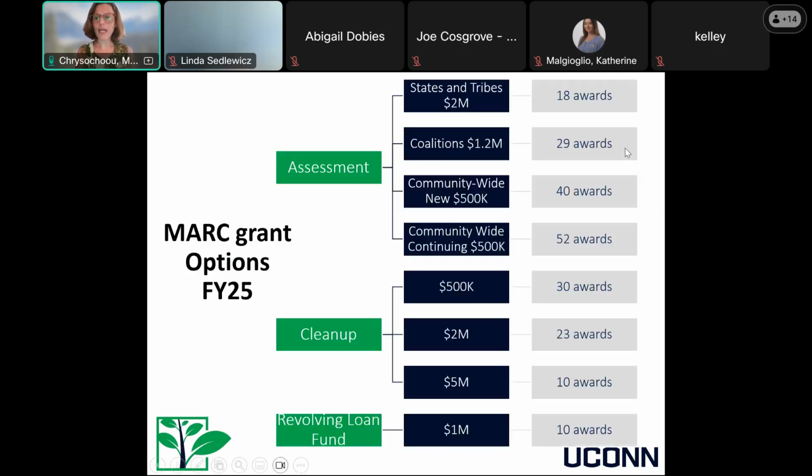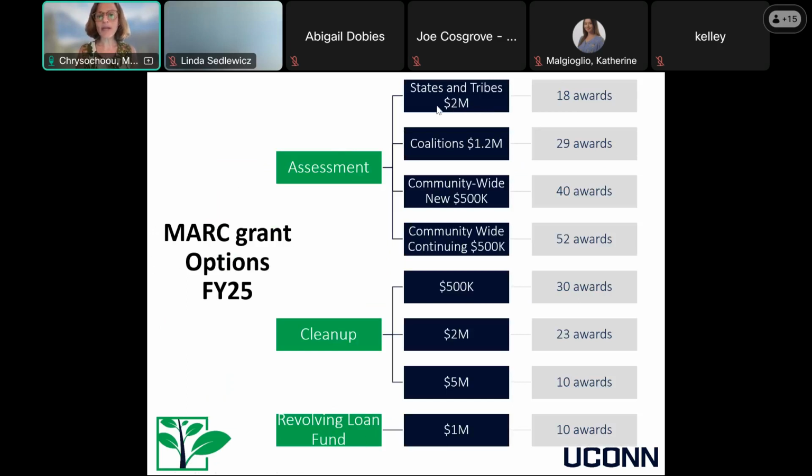Now it moved. Which is, what are the MARC grant options for FY25. So EPA has already announced that it will offer 3 types of grants this year: assessment, cleanup, and revolving loan fund, or RLF. There will be no multi-purpose grants for FY25.